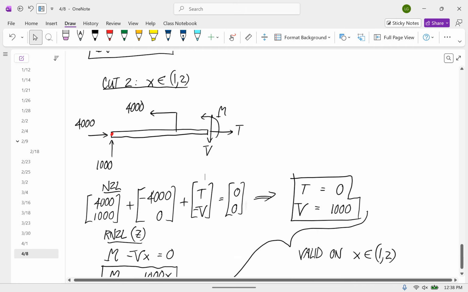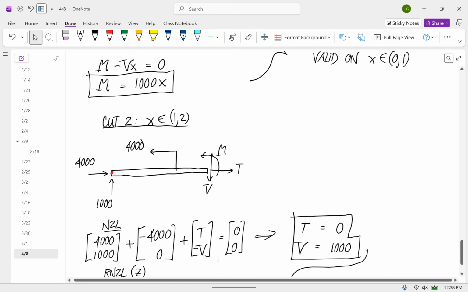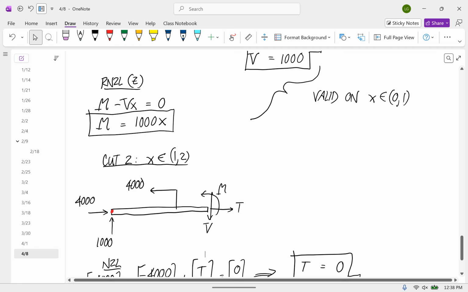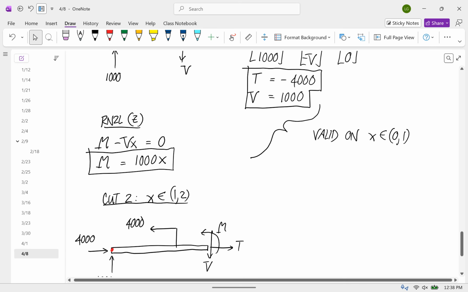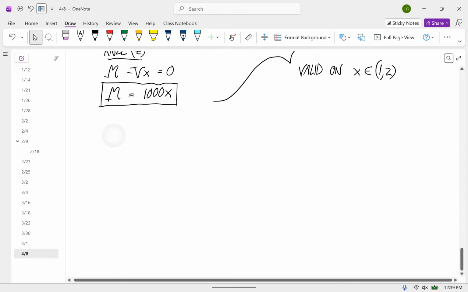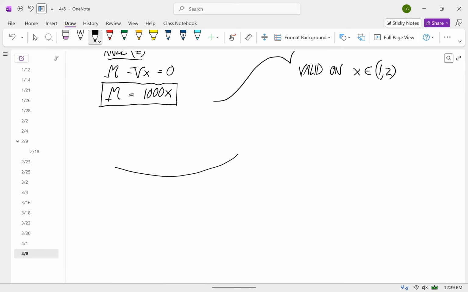In both of these two cases, what are some of the things that could happen here? We could have our biggest stresses on cut 1 at the top of the beam. Think about the way this is bending, like this.